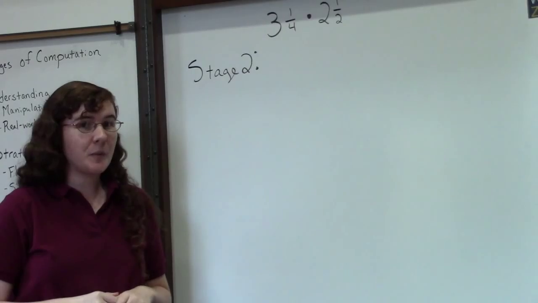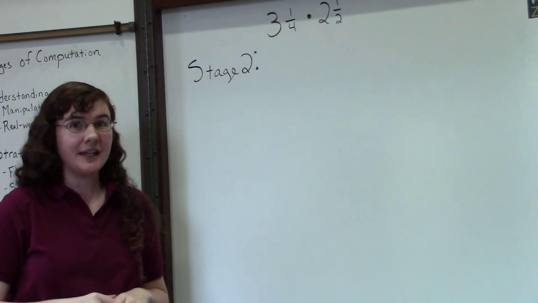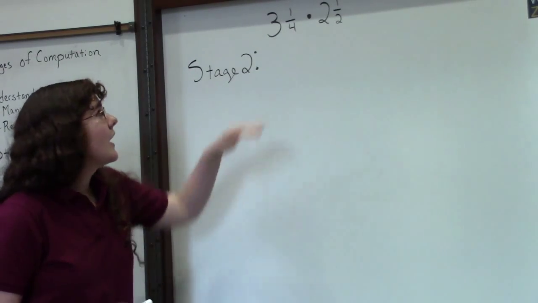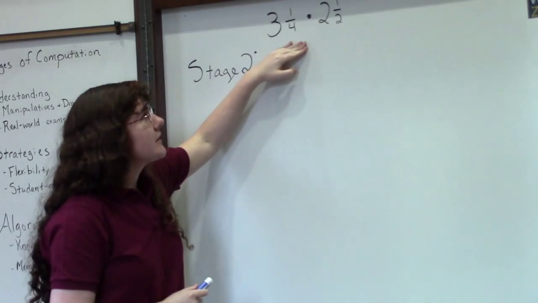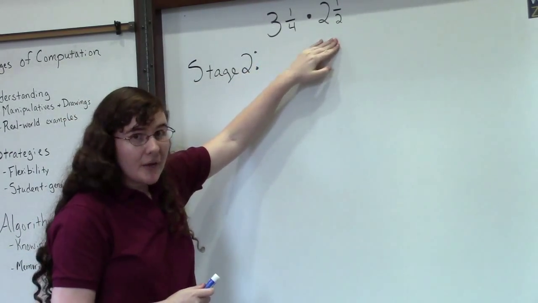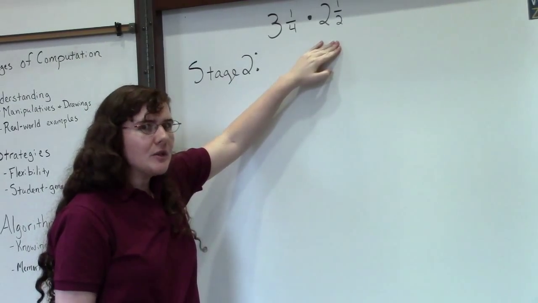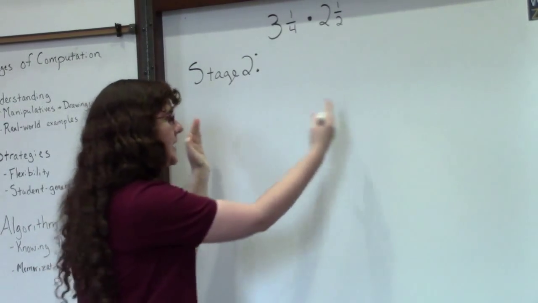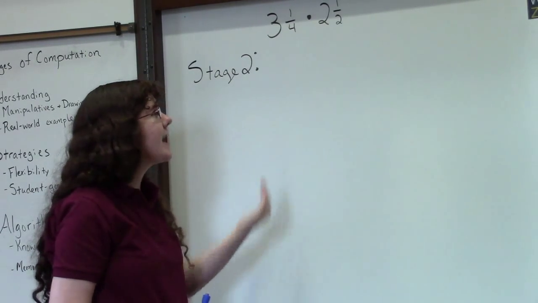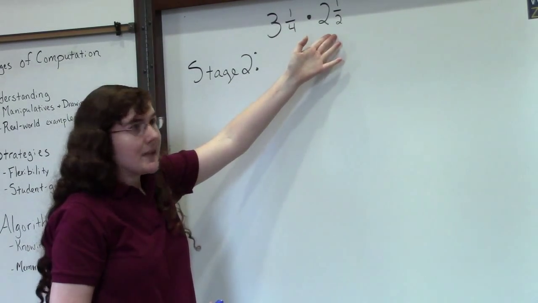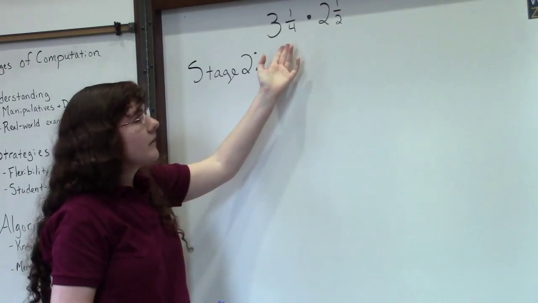There are faster ways, and your students can come up with them. Up here, we have 3.25 times 2.5, but the students might, instead of thinking of this as an area model, see it as an operator. They might say 2.5 copies of 3.25.